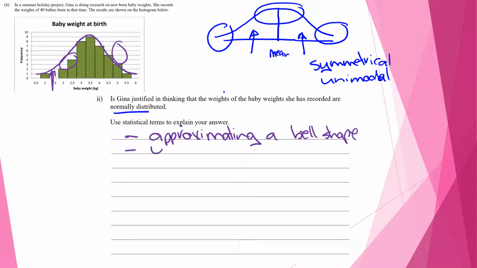It is unimodal. We only have a small number of values or occurrences at either end.